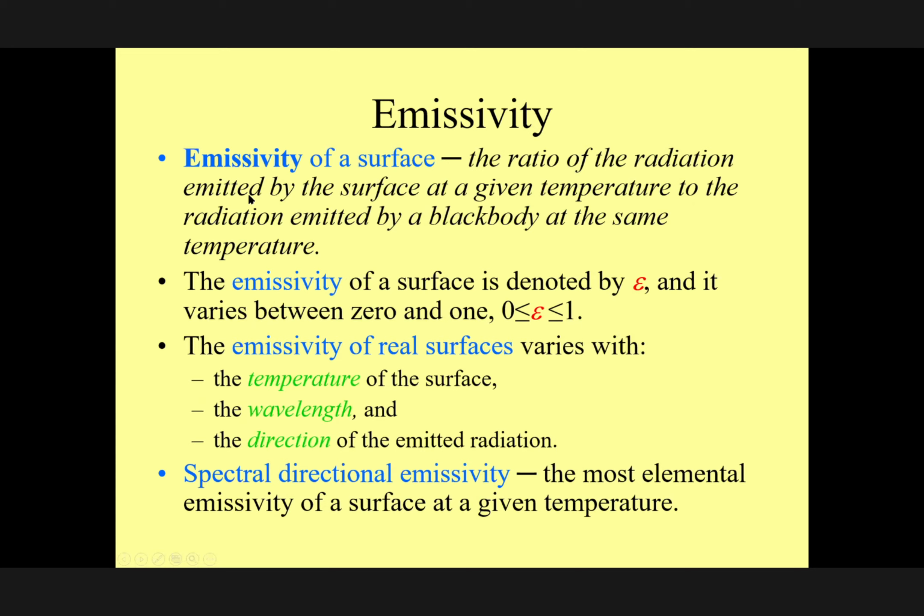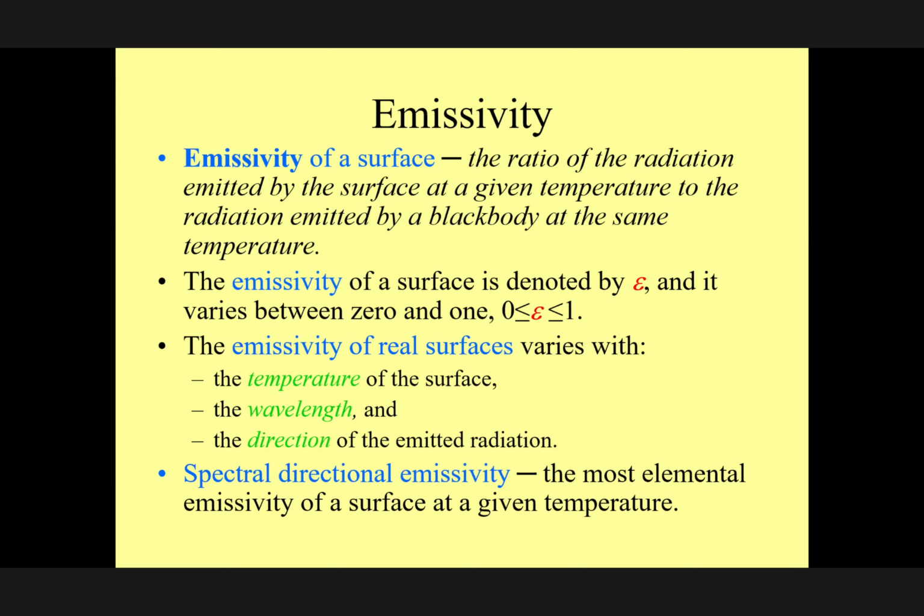What is emissivity? What is transmissivity? What is reflectivity? Emissivity of a surface is the ratio of radiation emitted by the surface at a given temperature, remember, to radiation emitted by a black body at the same temperature. Therefore, now we can consider slowly, as emissivity is also a function of the temperature, and also a function of wavelength.